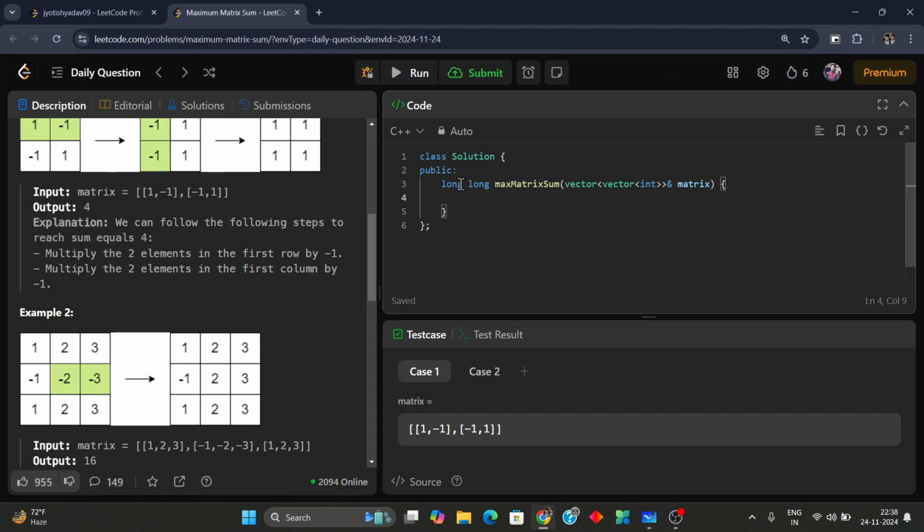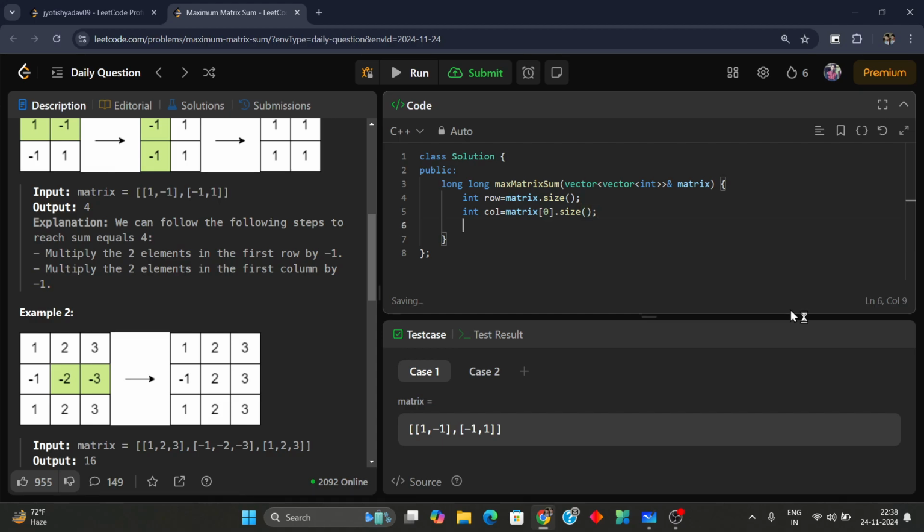As I told in the earlier video also, for any sum in a matrix, first we have to find the rows. So I will write the row count, that will be our number of rows, then our columns. I taught this in the earlier video also, you can check in the description.